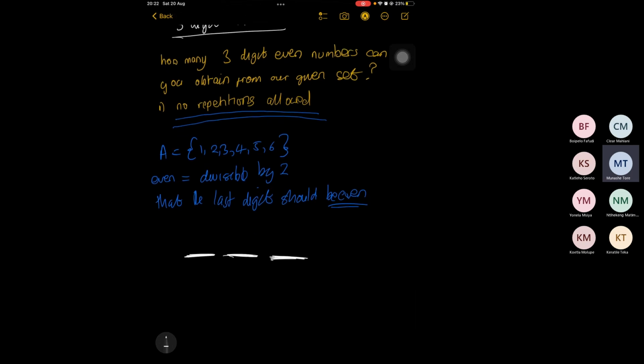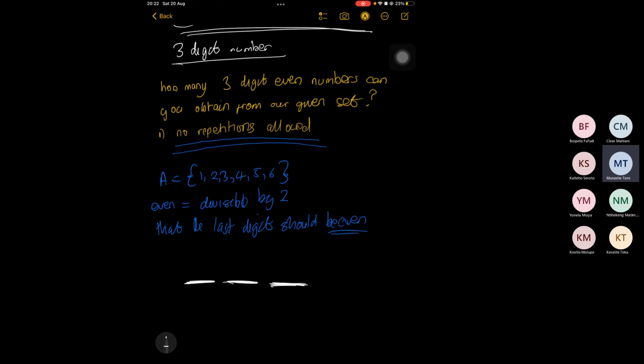So for this to make sense, let's start with the last digit as our first operation. So this can be N1, this can be N2, this can be N3. Also keep in mind that we said no repetitions are allowed. I'll also do a case where repetitions are allowed, case number 2, repetitions are allowed.